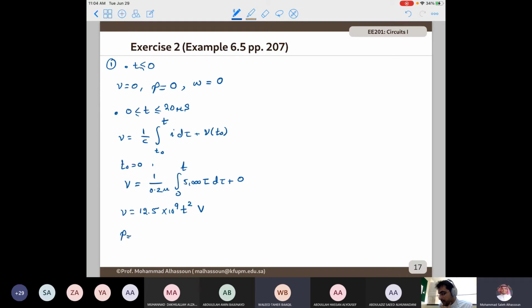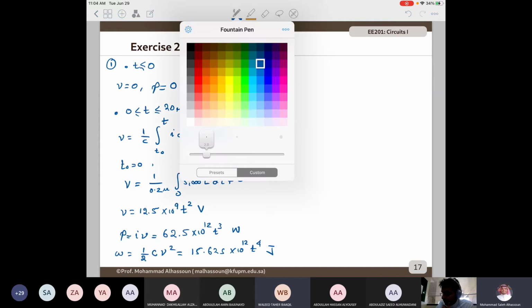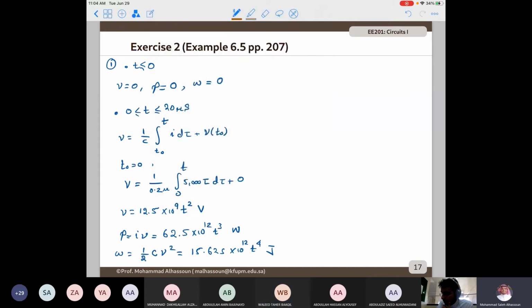The power will be simply the multiplication of the voltage with the current. And the energy will be 1/2 CV squared. If we do it, we're going to get 15.625 times 10 to the power 12 t to the power 4. The unit is joule.